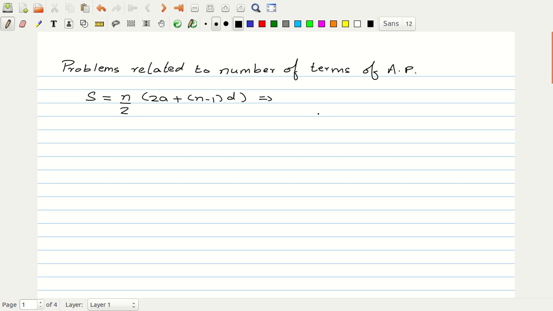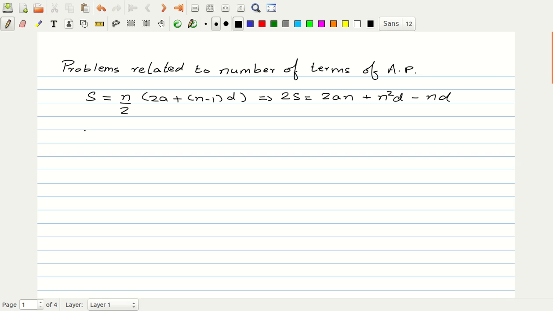If you multiply it, this becomes 2S = 2an, I am just distributing n across these two terms, plus n square d minus nd.